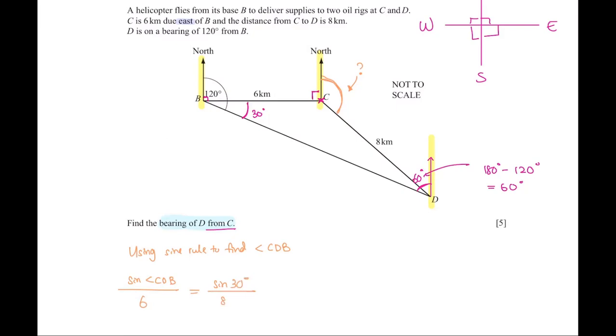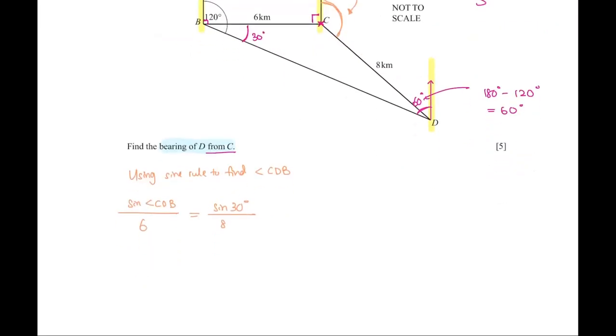I'm just going to get sine 30 divided by 8, multiplied by 6, then inverse sine, and I should get 22.02431284 degrees.